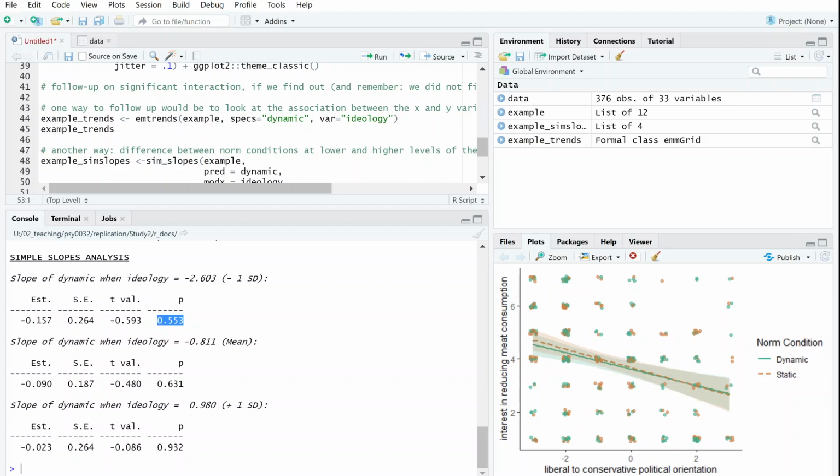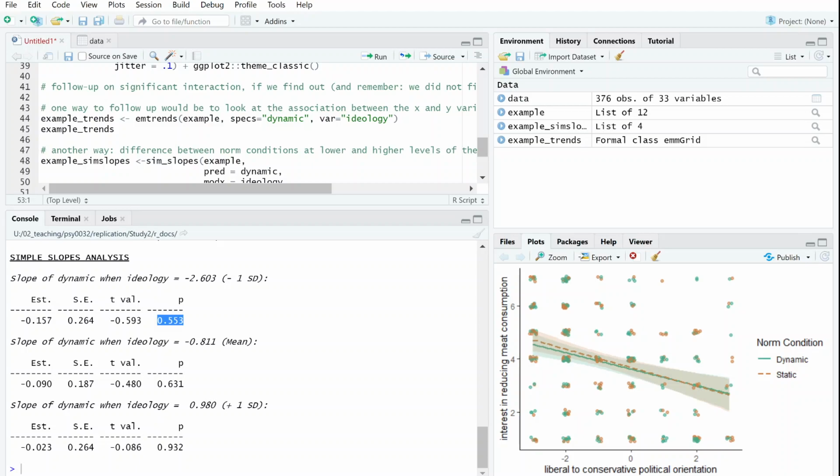A value of minus 2.603 is somewhere in here, and you can see, looking at this plot, that the static condition is above the dynamic condition at around that point in this graph, but that difference is not statistically significant. That's what this p-value of 0.553 means: although there's a numeric difference there, it's not big enough for us to assume that it doesn't come from the null hypothesis distribution of t-values.